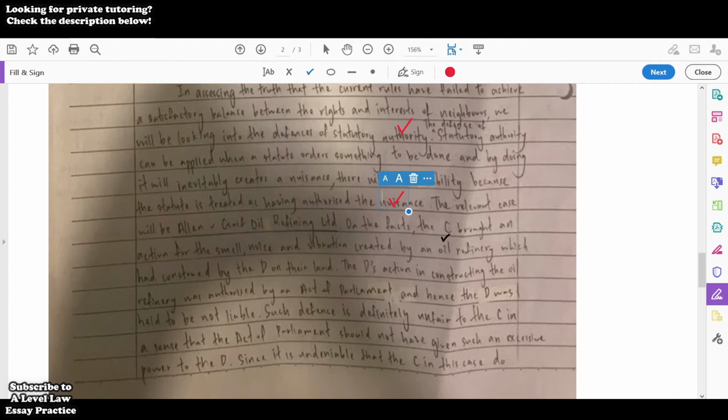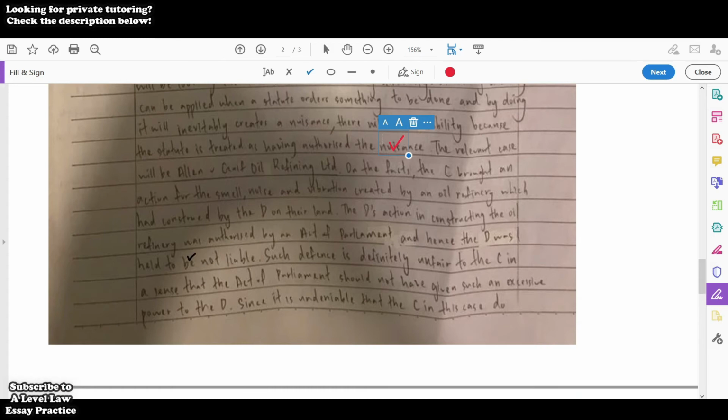On the facts of the case, the claimant brought an action for the smell, noise, and vibration created by the oil refinery, which had been constructed by the defendant on their land. The defendant's action in constructing the oil refinery was authorized by an Act of Parliament, and hence the defendant was held to be not liable.